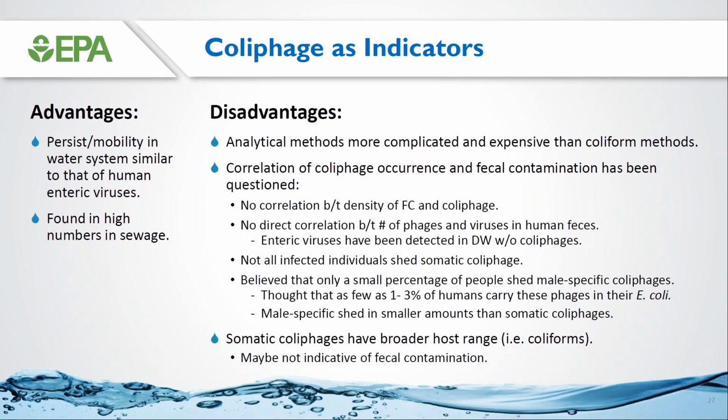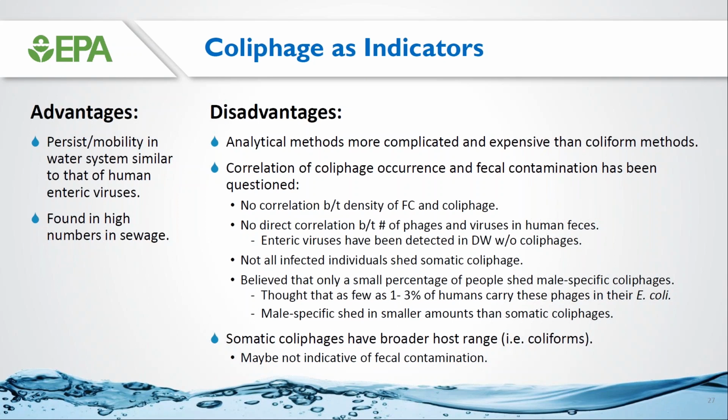So protozoa are actually eukaryotic cells, and they can either be free living, meaning they don't need to live within a host, or they can be parasitic, meaning that they need a host to continue their life cycle.